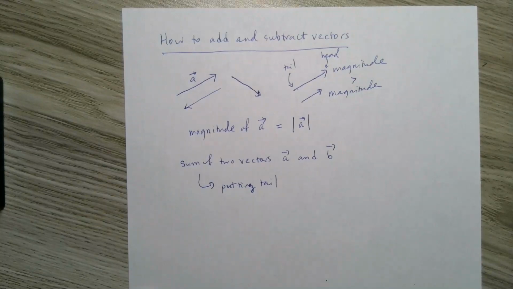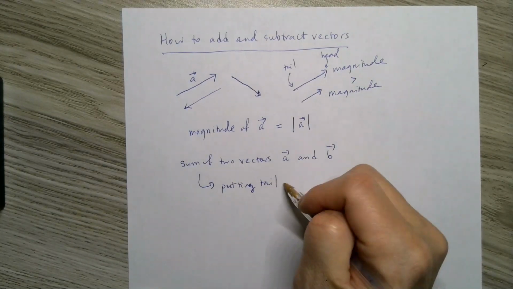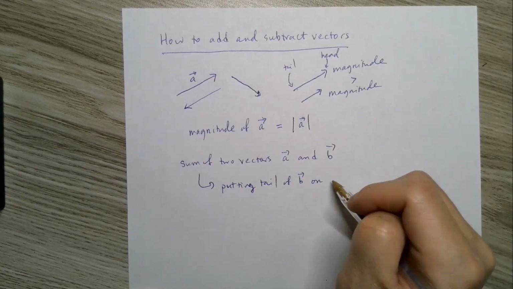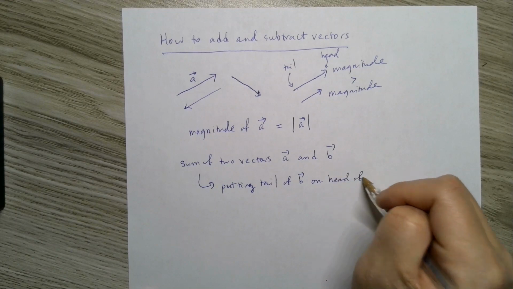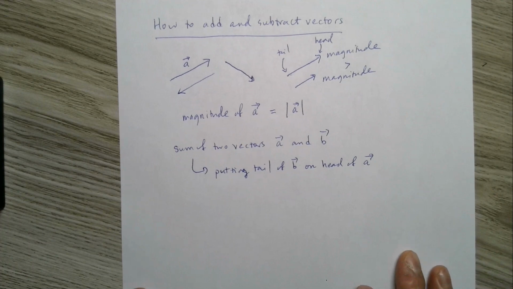So if I'm going to add vector A and vector B, I'm going to put the tail of vector B right on the head of vector A.